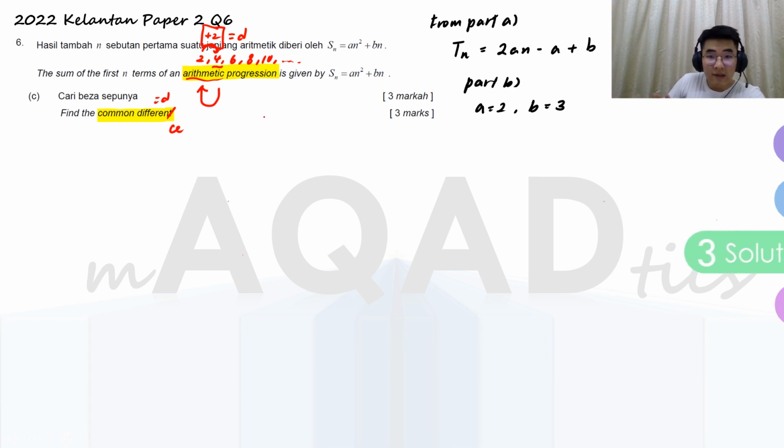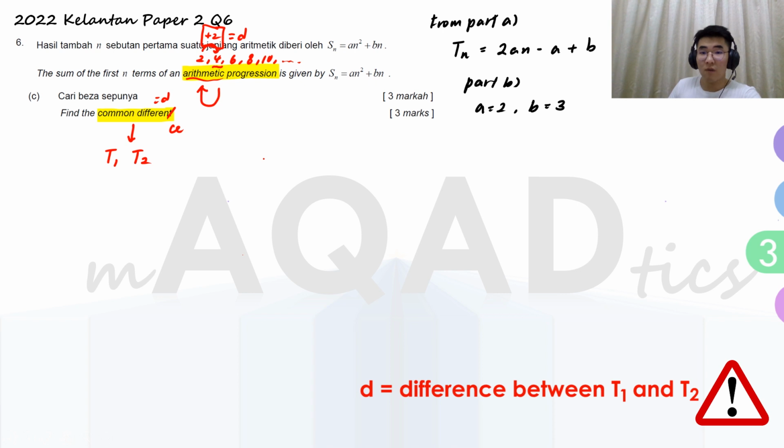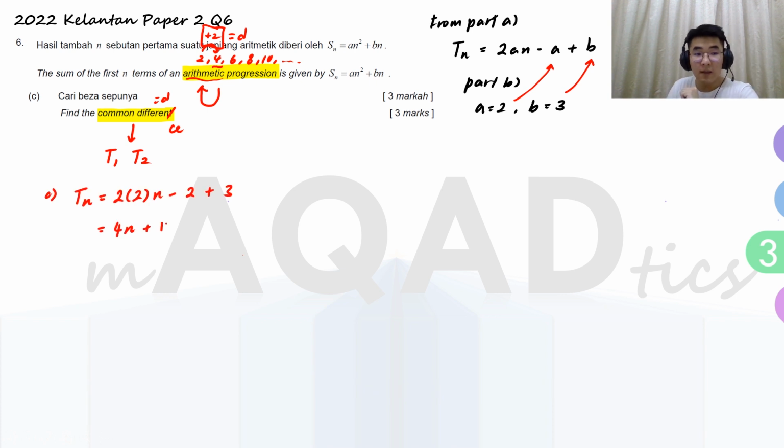The easiest way to find the common difference for this question would be to use the equation that we got from part A, which is this Tn. Once we find T1 and T2, we can minus them to find our common difference, right? But before that, let's sub in the answers we got from part B, which is a equals 2 and b equals 3. So it would be 4n plus 1, and we find T1 and T2.